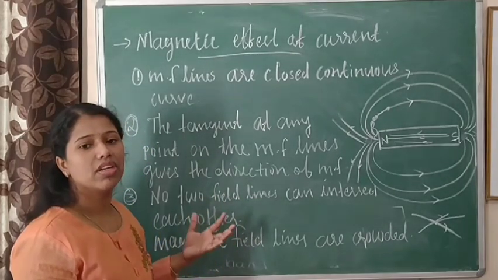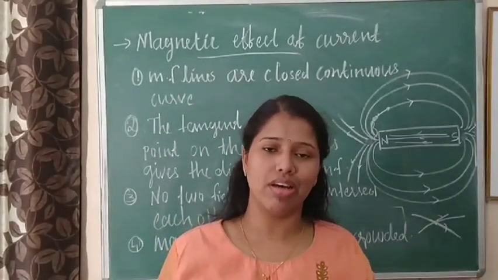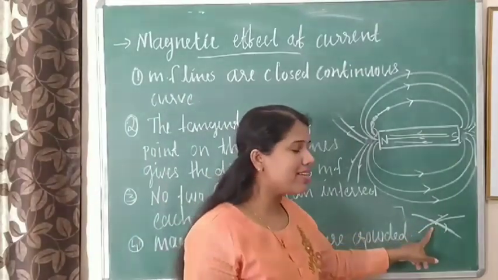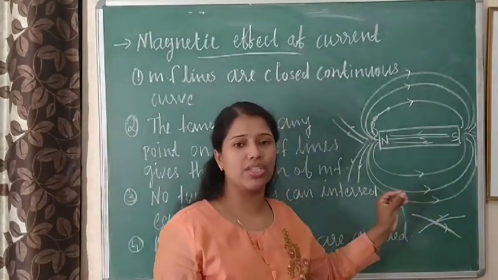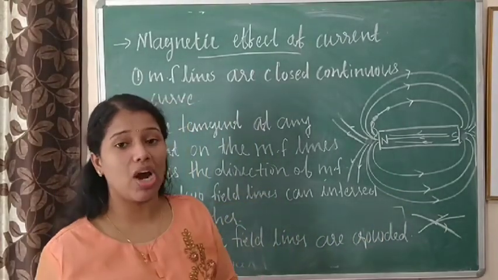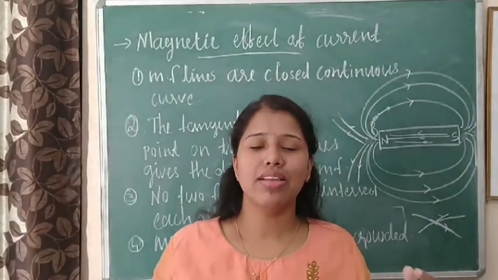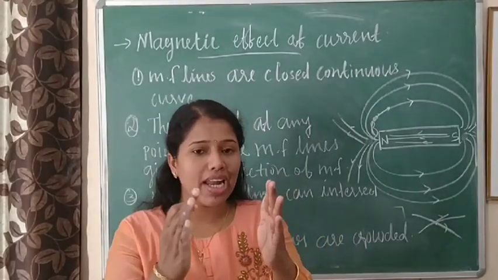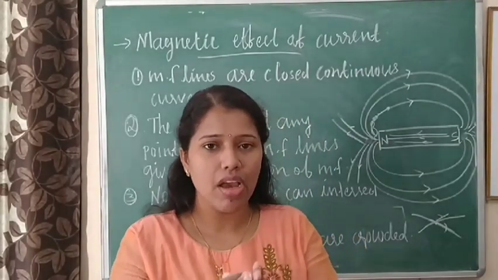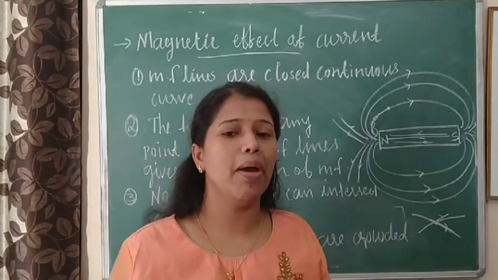Next, magnetic field lines are crowded. Already I explained: if field lines are very close to each other, it is a strong magnetic field; if far from each other, it is a weak magnetic field.